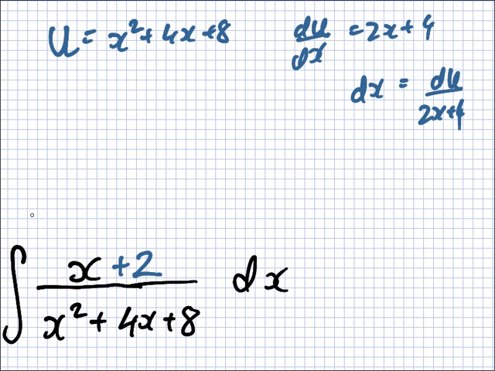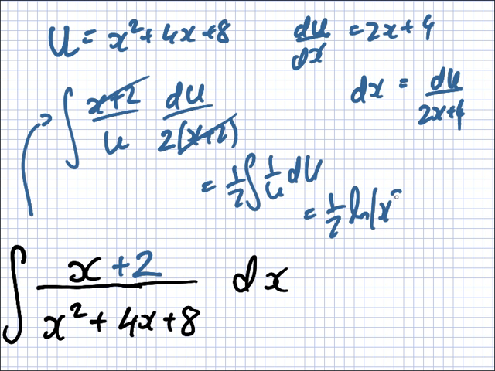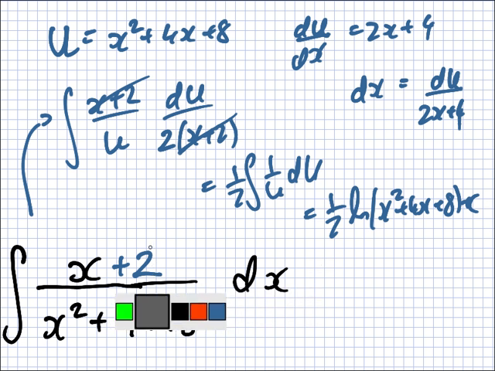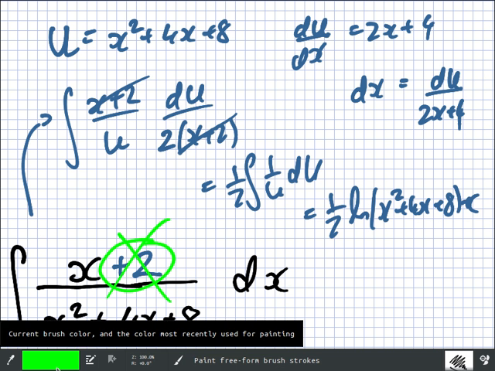So this question here would become integrate x plus 2 over u, du over 2x plus 4. But 2x plus 4, you take the 2 out, and then what happens? It cancels. That's a half integral of 1 over u du. So the answer is a half log of x squared plus 4x plus 8, plus c. So the point is, although it looks extremely similar, simply deleting this 2 made the question much harder.